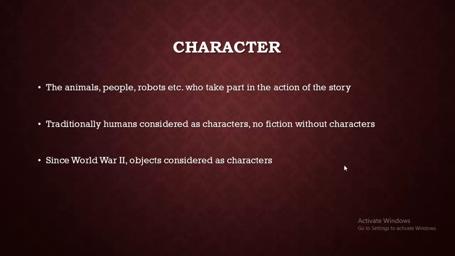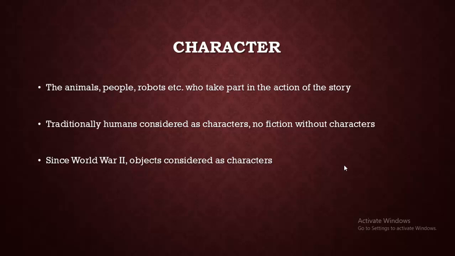Traditionally, in history, generally only humans were considered to be characters, and it was said that there can be no fiction without a human character. But since World War II, since the 1950s, objects or things were also considered as characters.